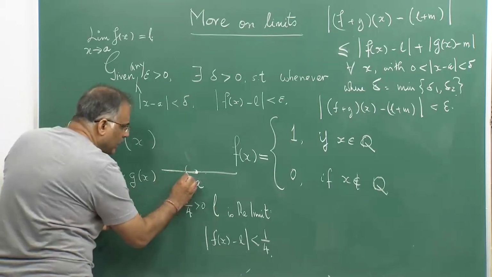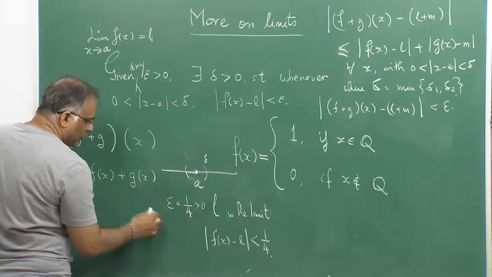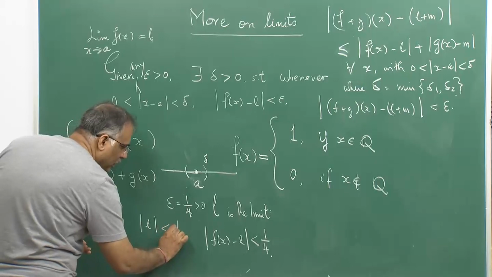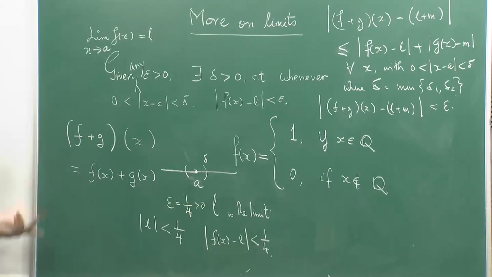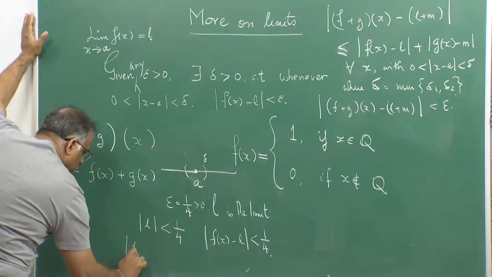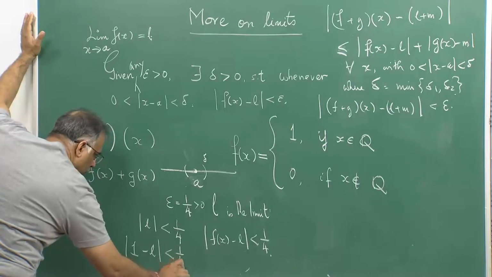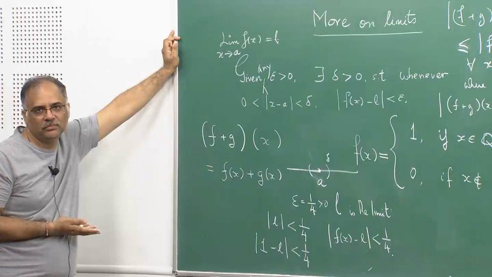So for whatever delta, however small I take, there will be some irrationals, and any irrational point will immediately give you this, but there will be some rationals also giving you these two quantities. Do you think these two quantities are possible at the same time? These two are not possible at the same time.